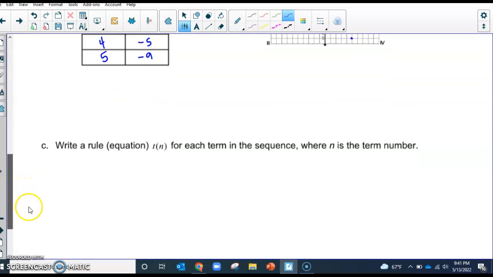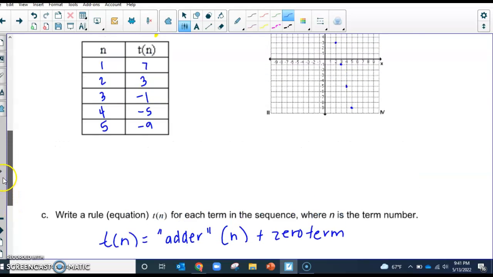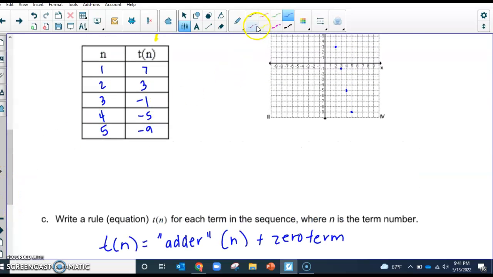Down here at the bottom, it's saying write the equation for that sequence, where n is the term number. So our equation for this is going to be t of n equals my adder times n plus my 0 term. Now, to go back up to our table here, I do not have a 0 term.